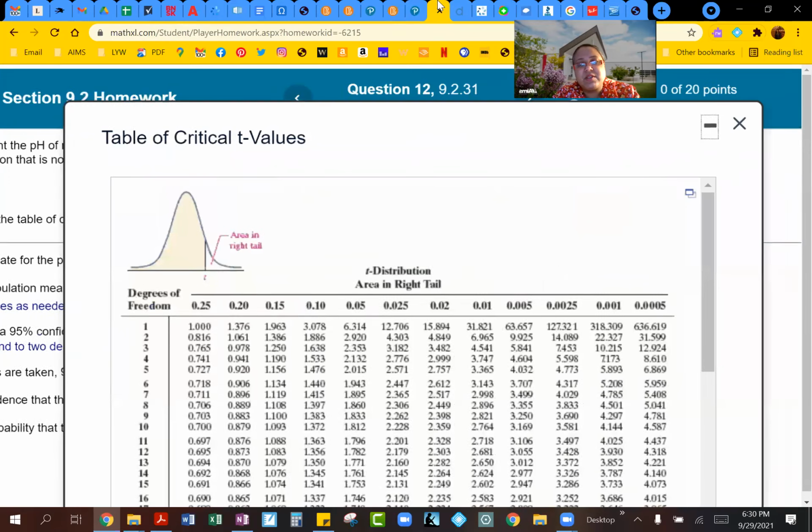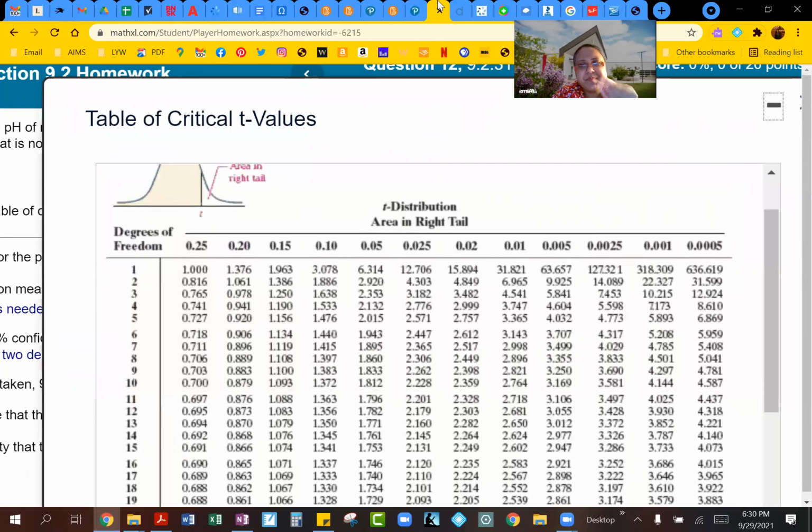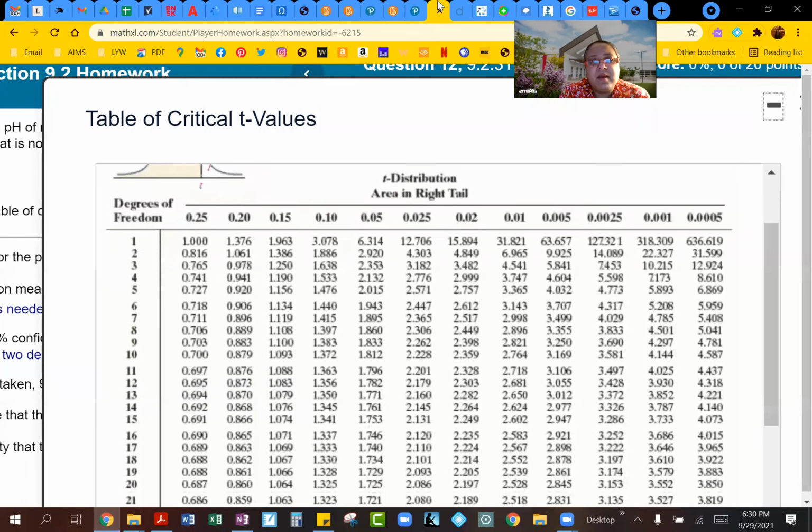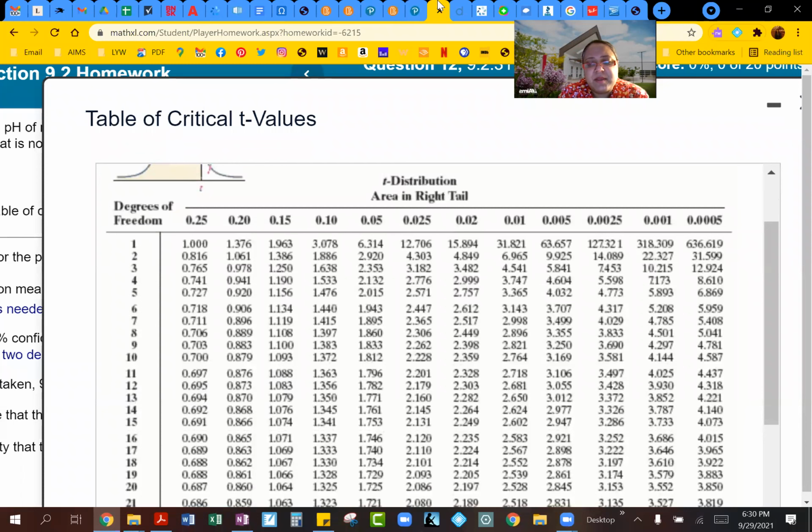So you will see on the top of the T table, you have those alpha divided by 2 values. We've got 0.025 right here at the top. Let me get my pen working. So here's our alpha divided by 2, and then you can see degrees of freedom is on the left-hand side, and there's our 11.